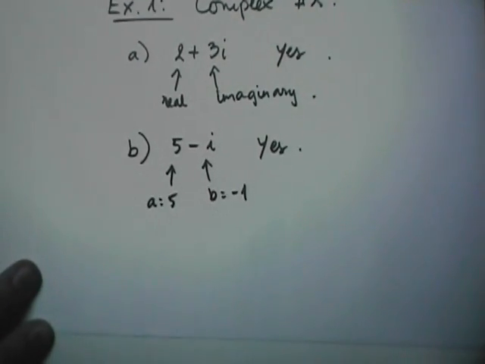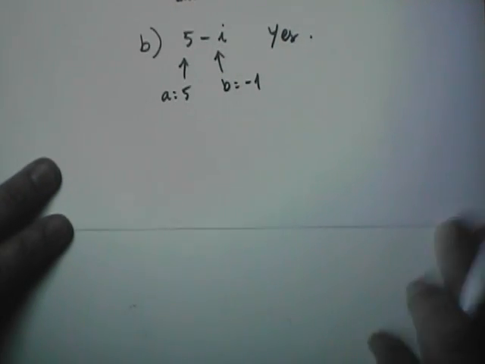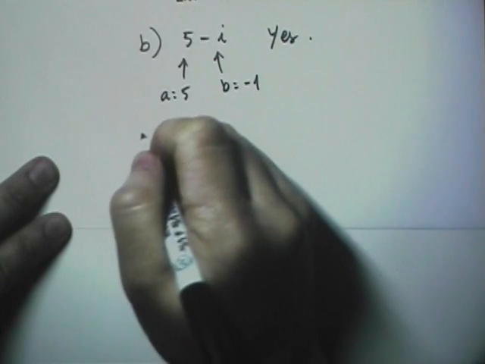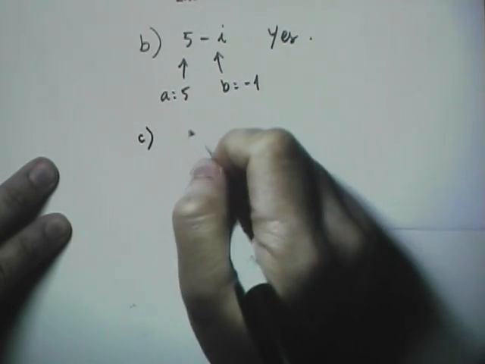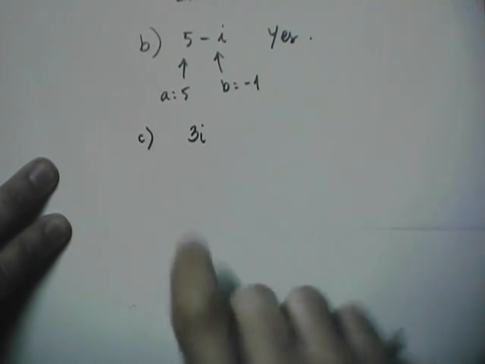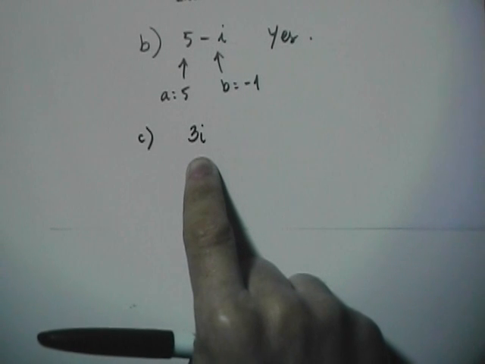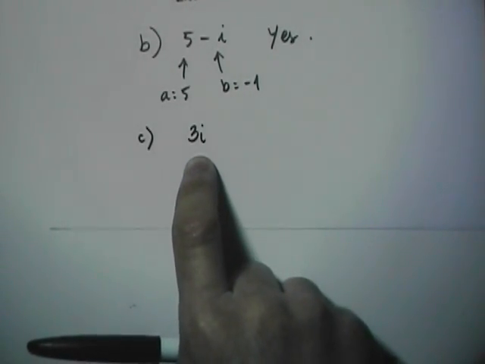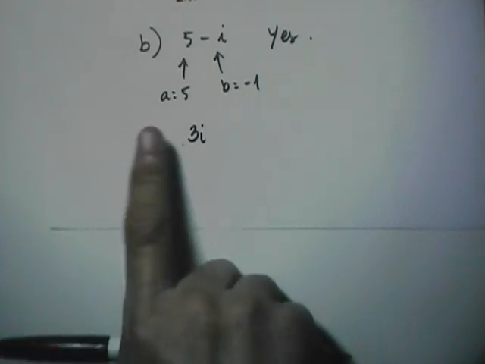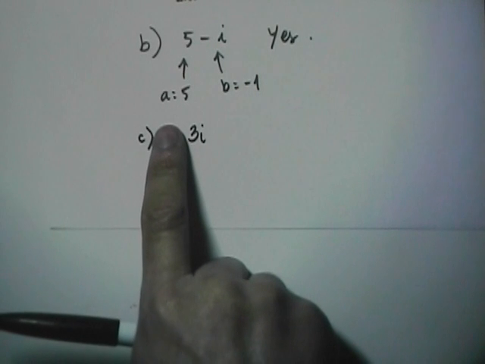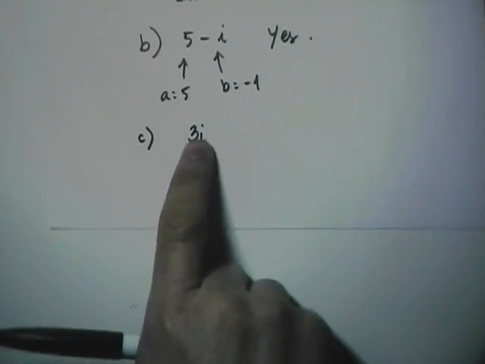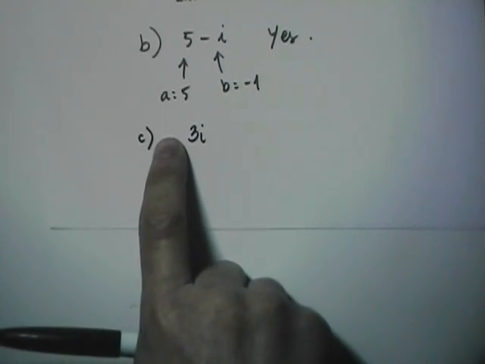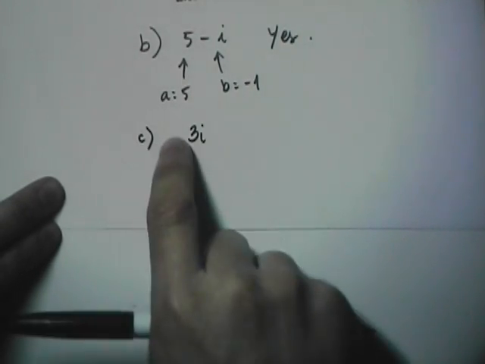Okay, so what else can we think of? How about just simply 3i? Is that a complex number? All of a sudden, you don't see the real component any longer. You only see the i part, the 3i part. The point is you don't see that real component.